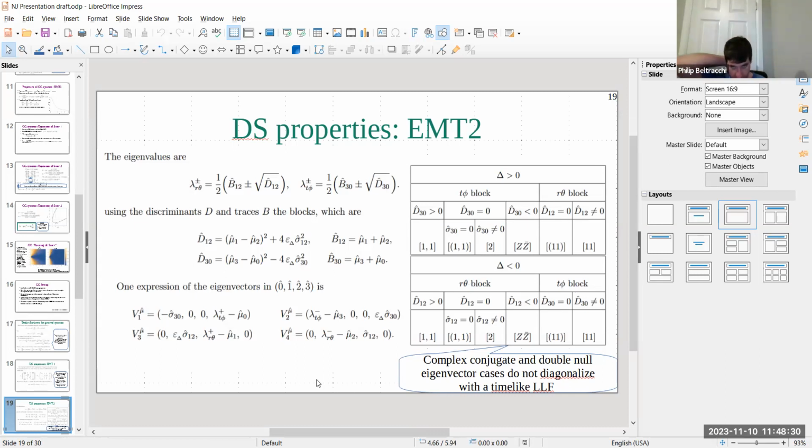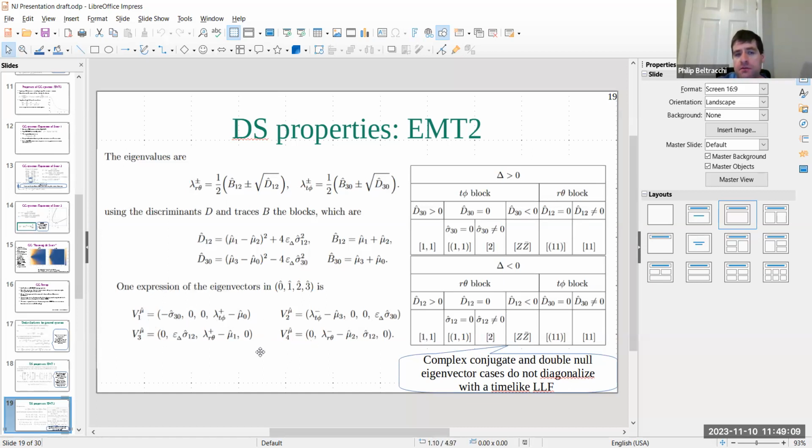One reason why we couldn't diagonalize with a local Lorentz frame is that in general you can have complex conjugate eigenvalues and these double null eigenvectors. It's not possible to diagonalize such an energy momentum tensor with a time-like local Lorentz frame. It is possible to write out expressions for the eigenvectors in our orthonormal directions in terms of the eigenvalues and the components.